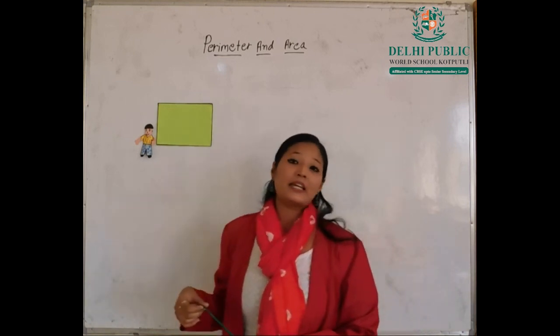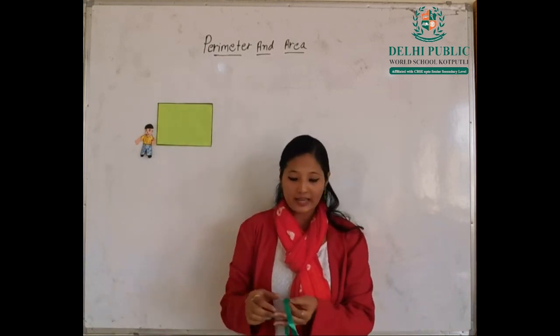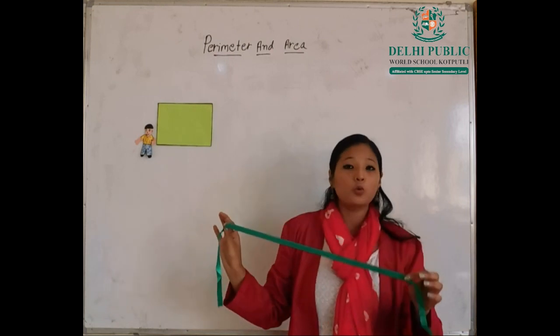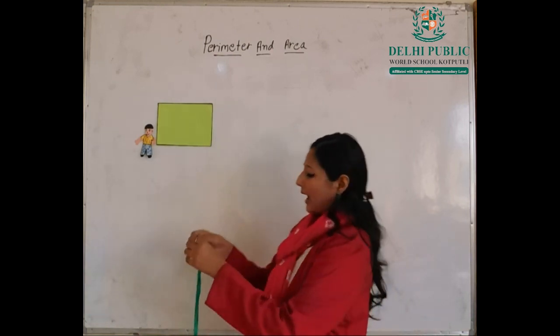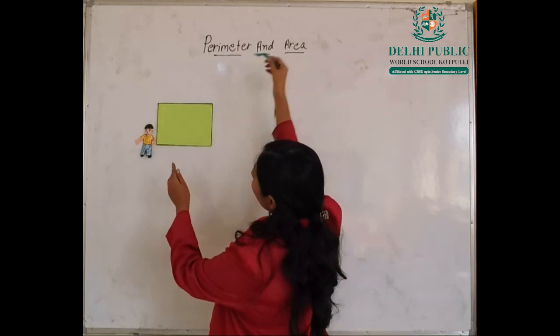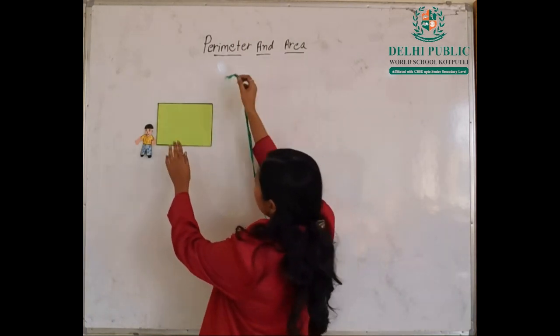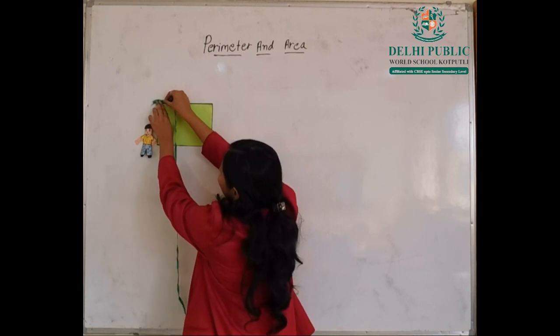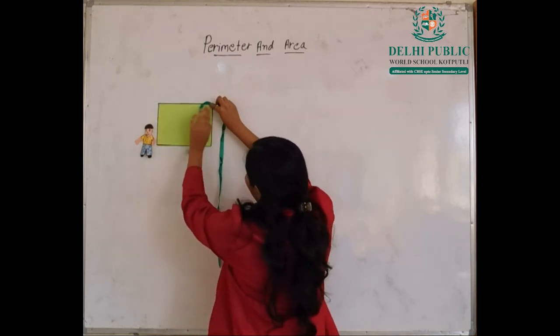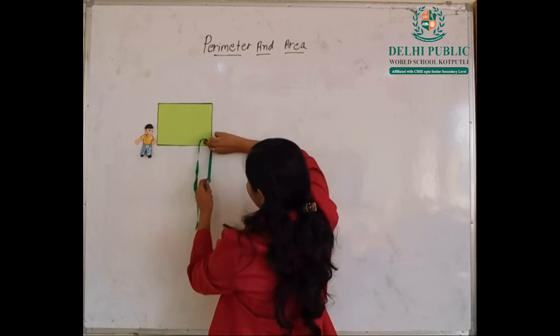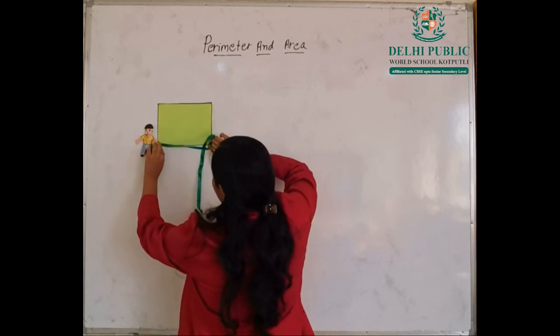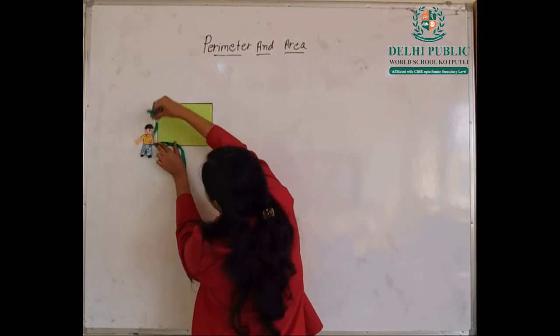We can calculate the edges of the field with different things, like I am using a ribbon here. You can use a thread also and of course a scale also. So I am using a thread. How will I measure the edges? I will place this ribbon like this and I can measure the boundary like this and then like this and then like this.